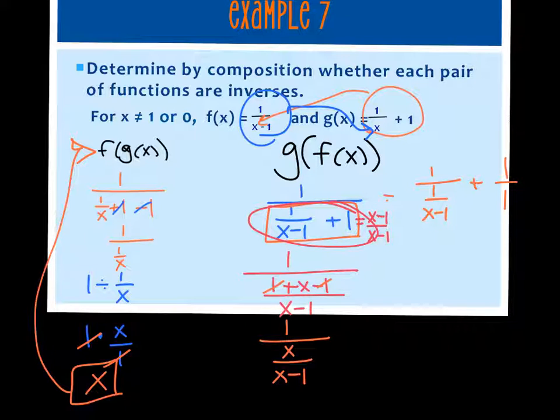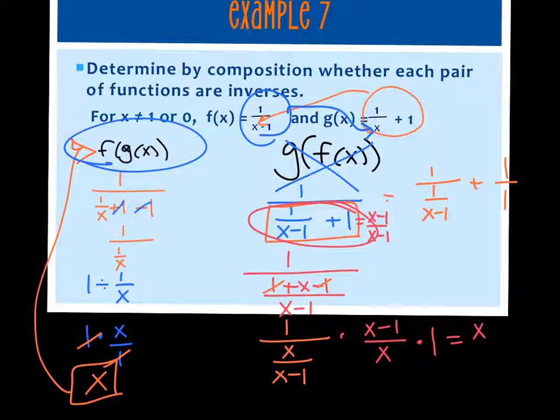Keep, change, flip. So it would be 1 times that. Does this equal x? No. So even though the first time worked, the second time did not. So they're not inverses.